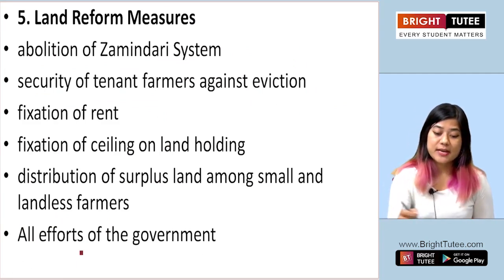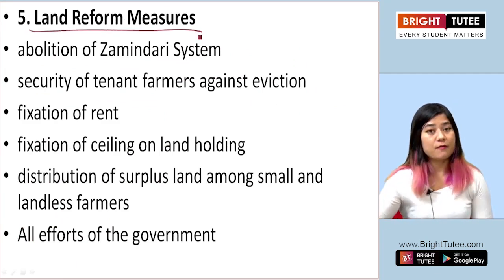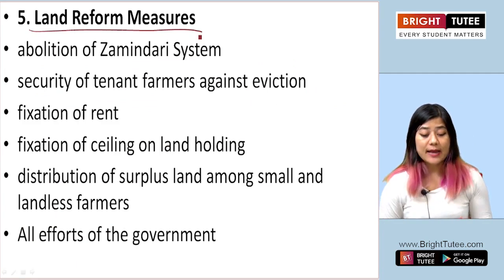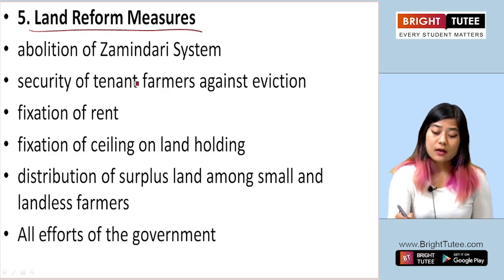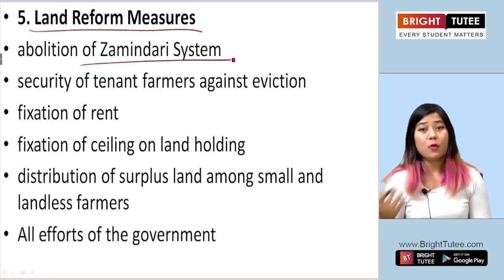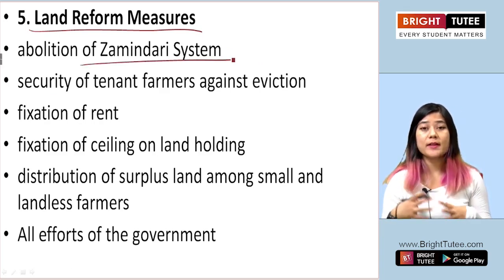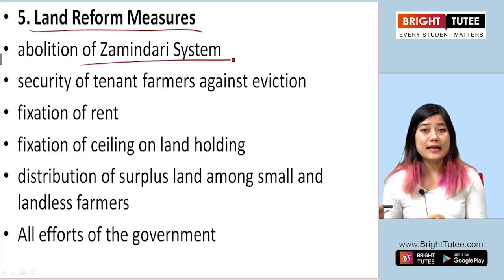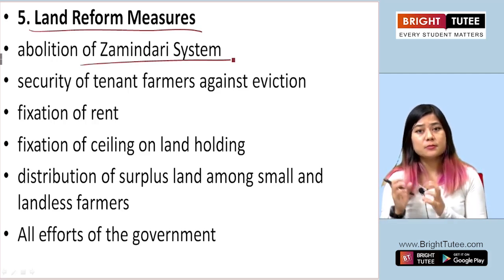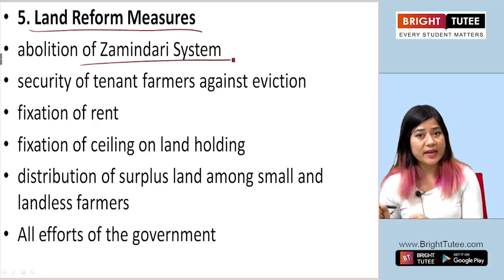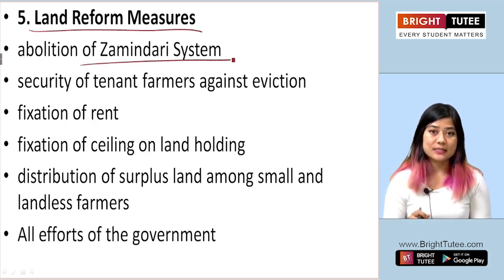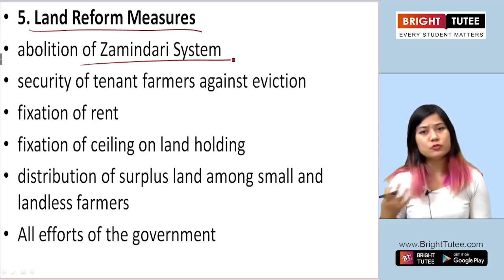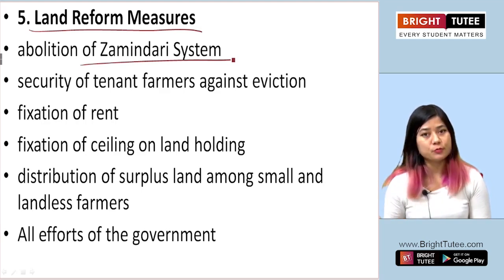Now, another measure is called land reform measures. And what happens in this kind of measure? Here, the zamindari system is abolished. The system where zamindars control the land, control the land laborers, exploit them, and give them a very small amount of wage. That system is very exploitative and not good for the workers who are already poor, right?